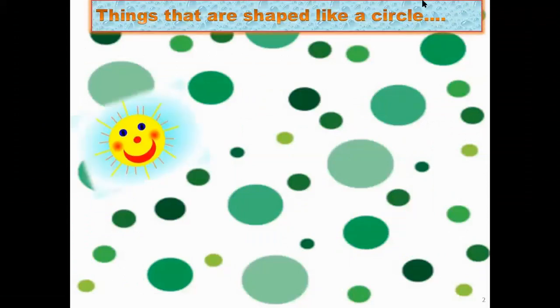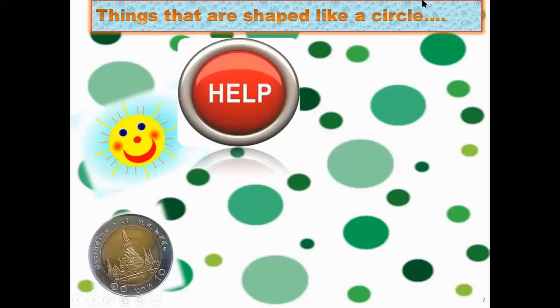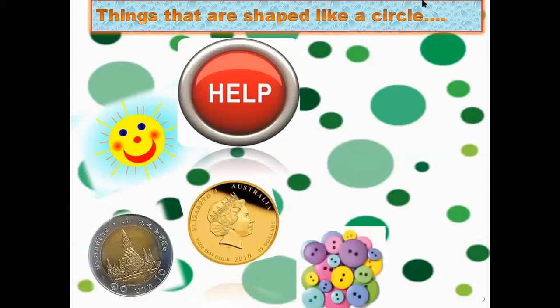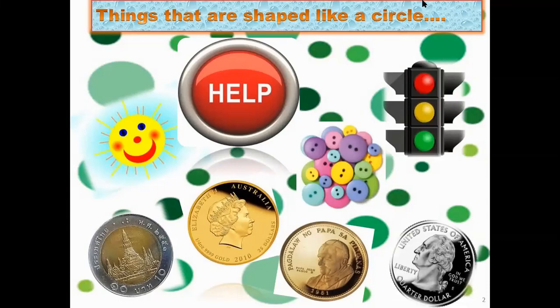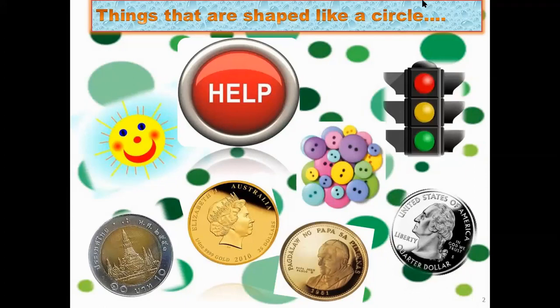Okay, so I have the sun, a help sign, a quarter, buttons, and the red, yellow, and green lights on a traffic light, and the United States of America quarter.